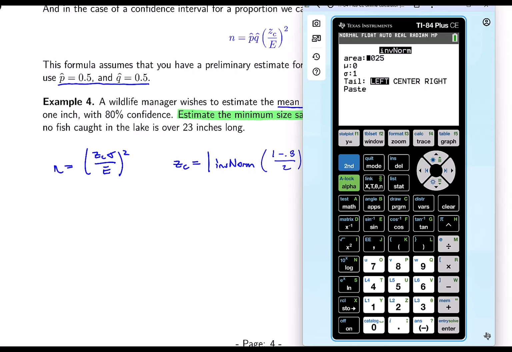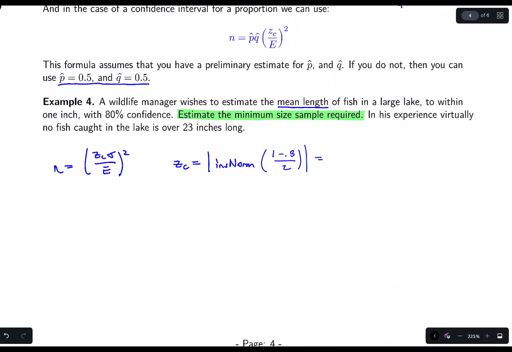So 1 minus 0.8 is 0.2, and when you divide that by 2, that gives you 0.1. Mean and standard deviation, 0 and 1 respectively, tail set to left, and negative 1.28, which we'll just make positive. So positive 1.28. All right, sigma.